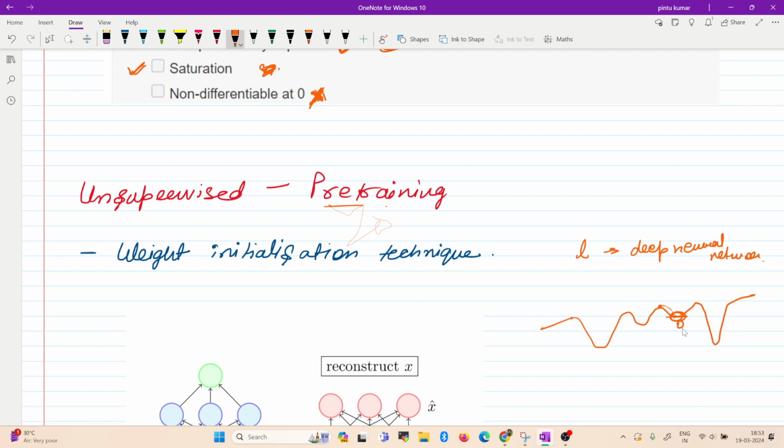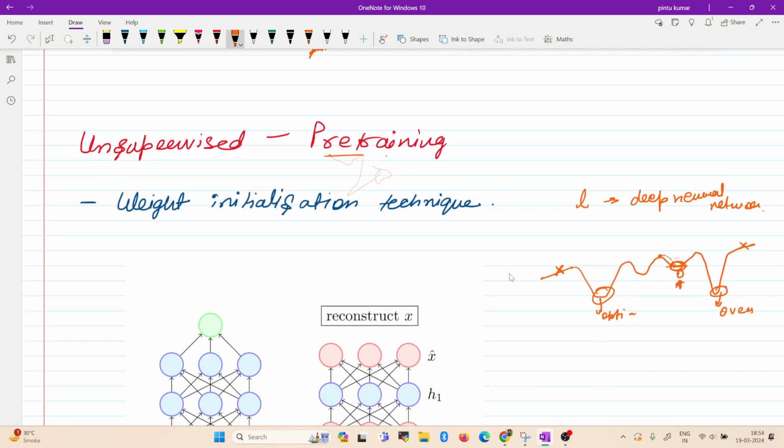So the model that he learns might not be very effective. If he starts from here, he might land up here. Again, if he starts from here, he'll land up here. So this region might face some kind of overfitting. This might be your optimal region, and this might be just a local minimum that you are stuck in and not able to exit. So initializing your model sometimes becomes very important.